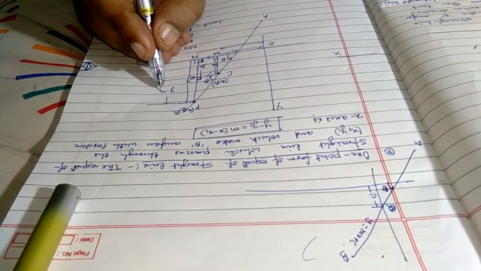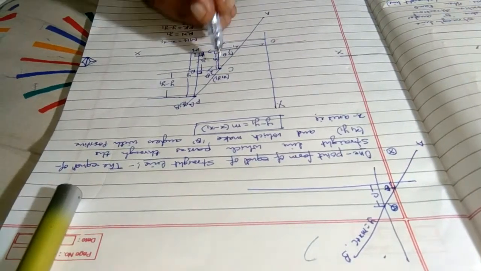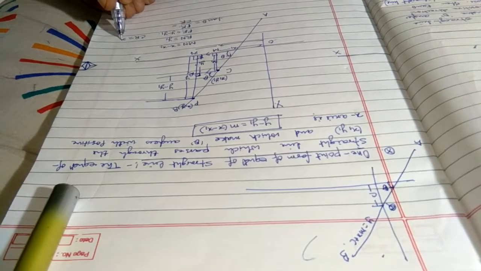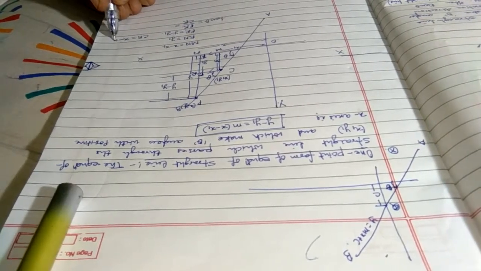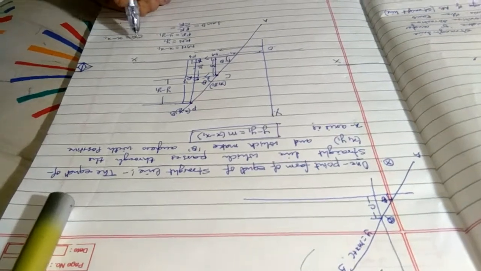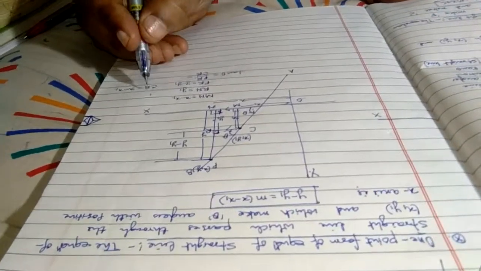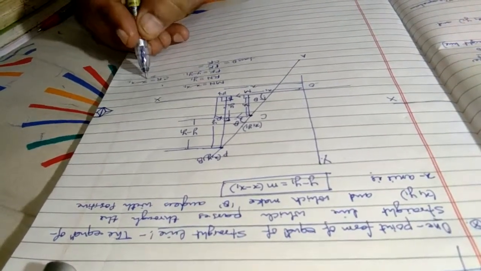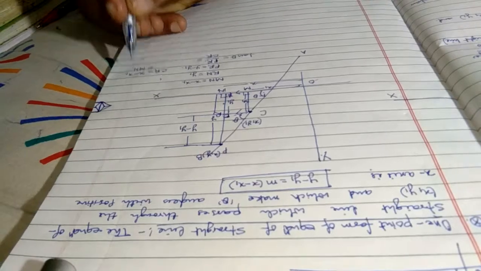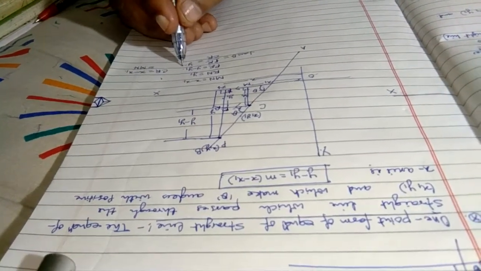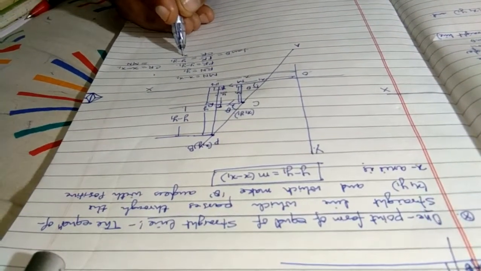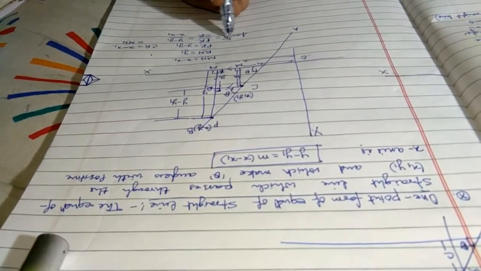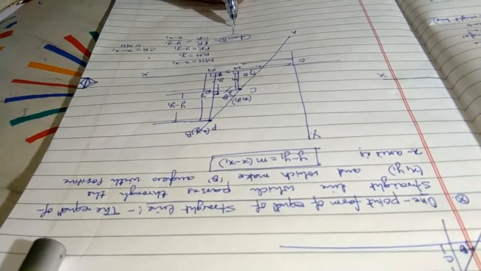So it is y minus y1, and CR is equal to x minus x1. Why? Because MN and CR both are equal. So it is equal to (y minus y1) divided by (x minus x1), and we know that the gradient or slope of the straight line is denoted by tan theta.